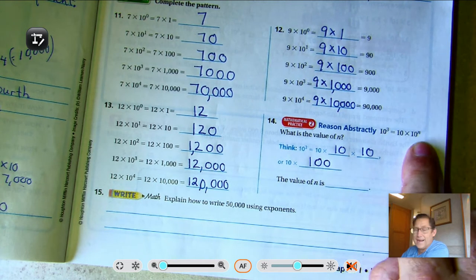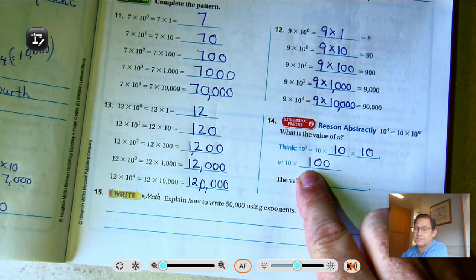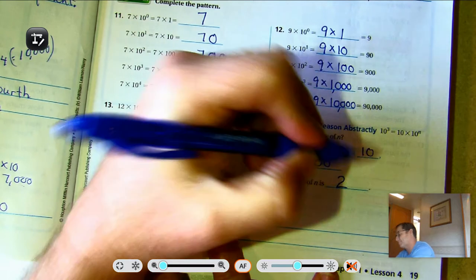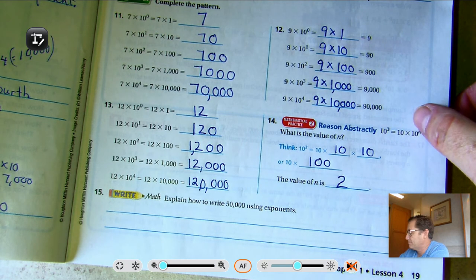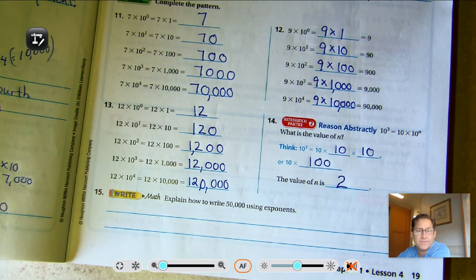So what exponent or what power of 10 equals 100? 2, right? So this problem would be 10 times the second power of 10, which would give us 3 tens.